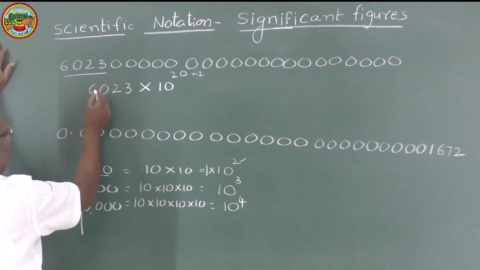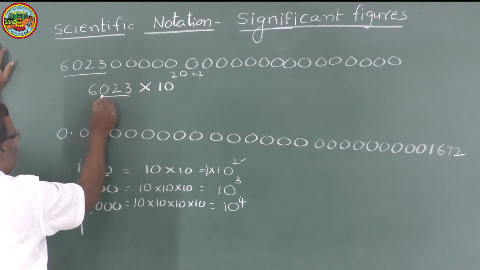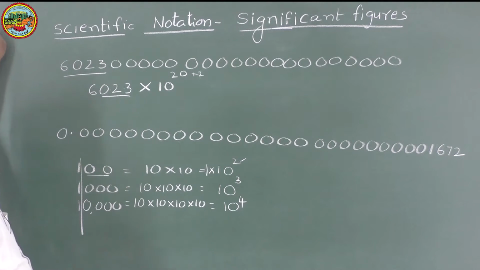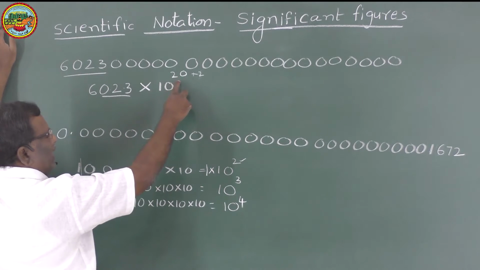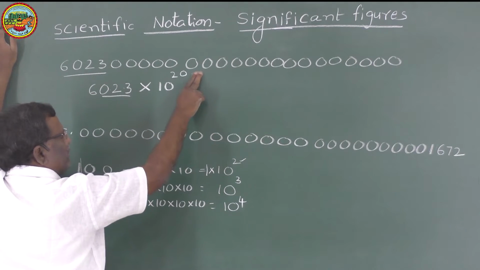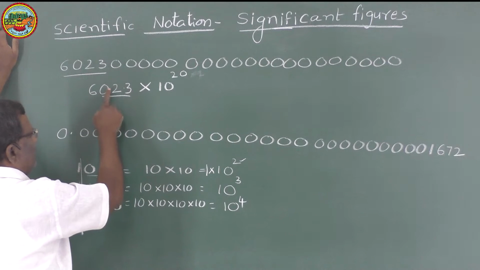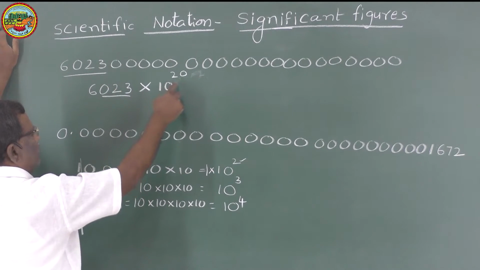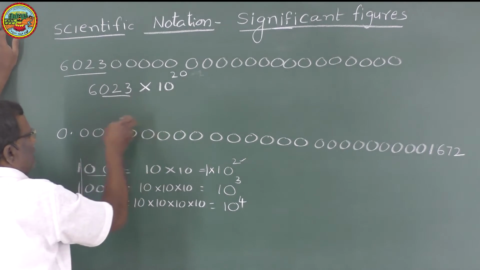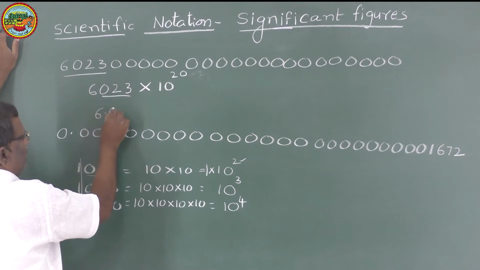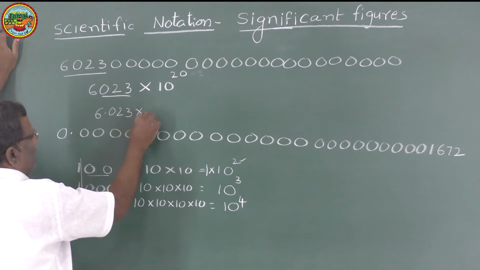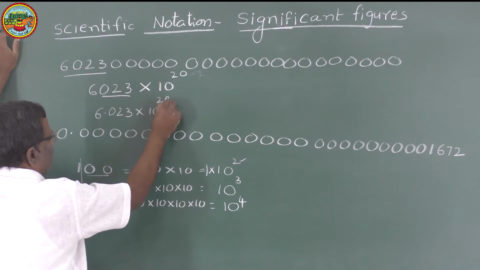Suppose you move 6 digits to the left side, for the power you have to add that same number. That means this same number, 6023 into 10 to the power 20, can be written as 6.023 into 10 to the power 23.